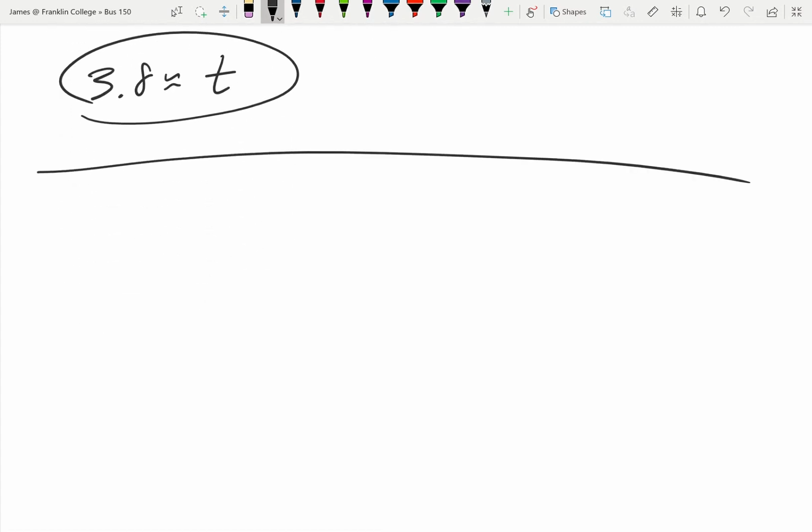Alright, let's do another example when an account is continuously compounding.